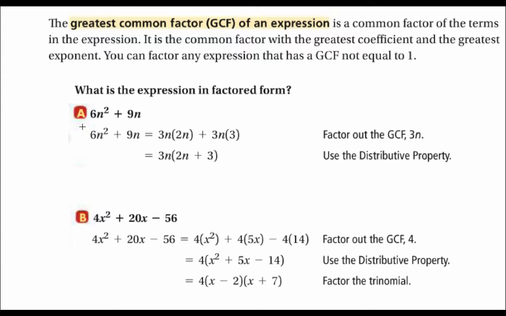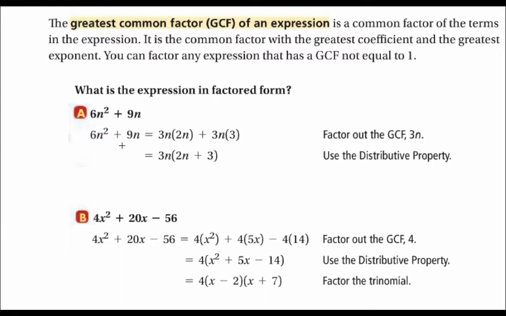So part A here we have 6n squared plus 9n. Okay, so we have to determine here, well, first of all, it's not a trinomial. So we know it's not going to factor into two binomials. So we just look at our two terms, 6n squared and 9n, and ask ourselves, what is the biggest number that divides into both 6 and 9? Well, that's 3. And look at our two terms.